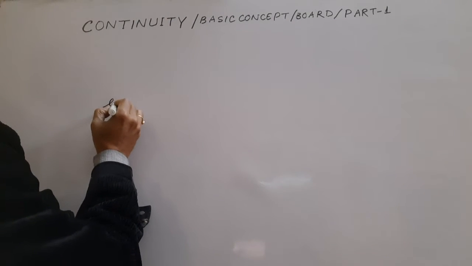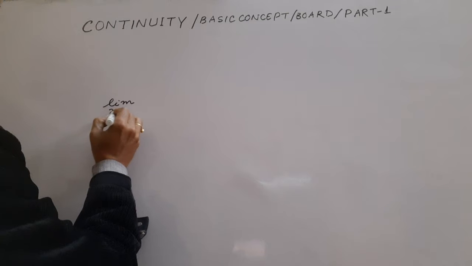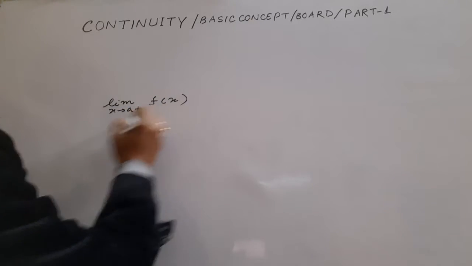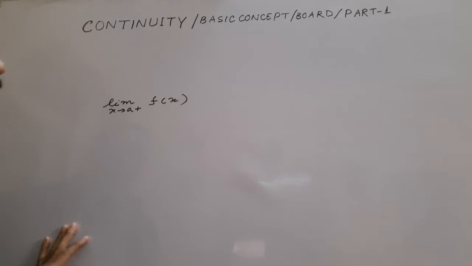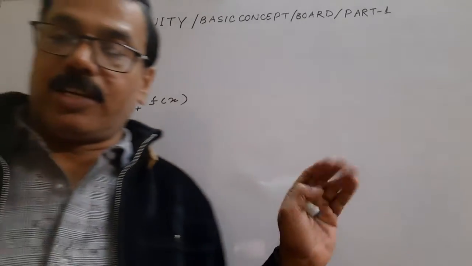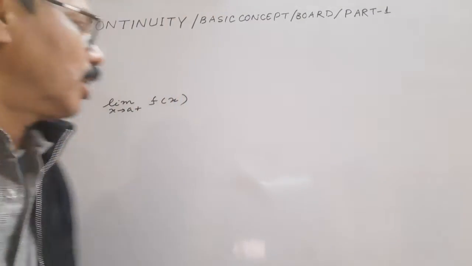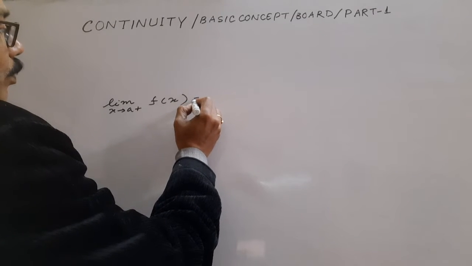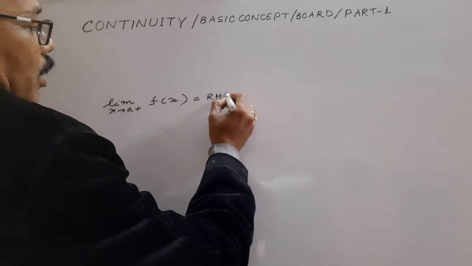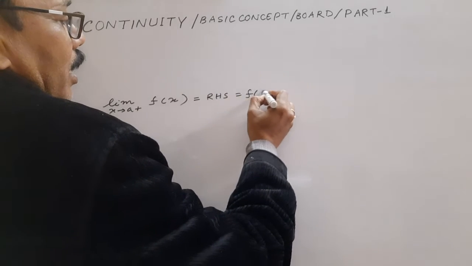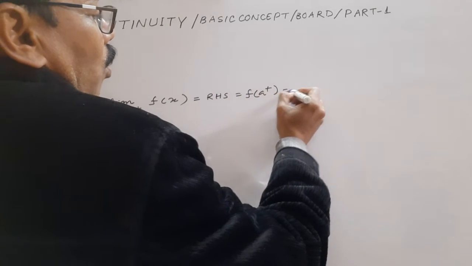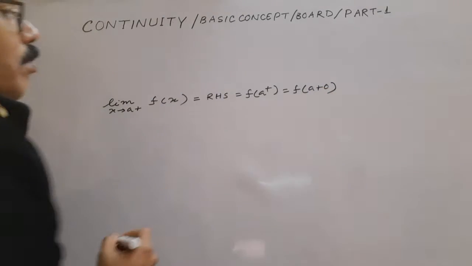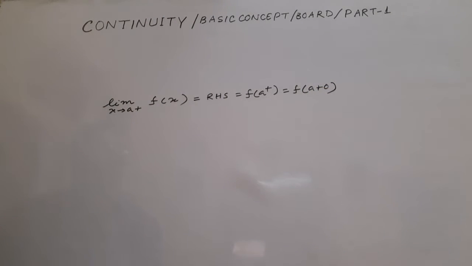Try to recall the limit as x tends to a plus of f(x). The limiting value of f(x) when x tends to a plus is called the right hand limit, and it is denoted by f(a+) or f(a+0).